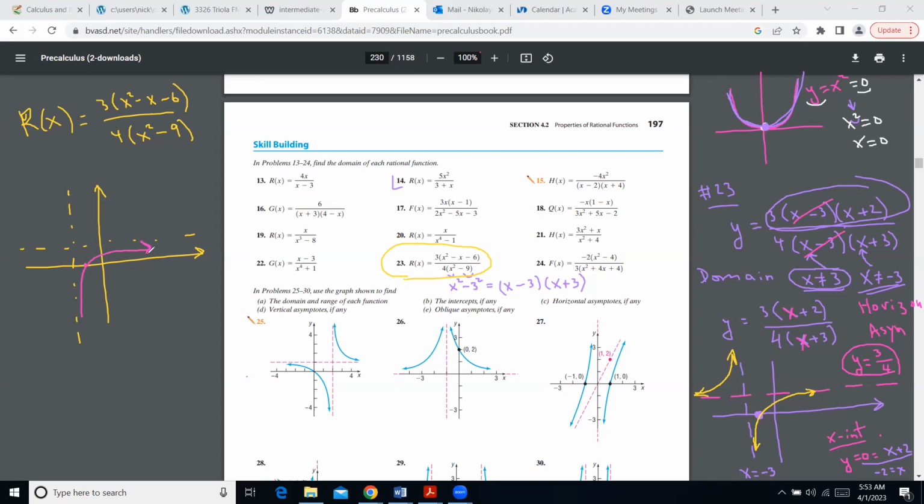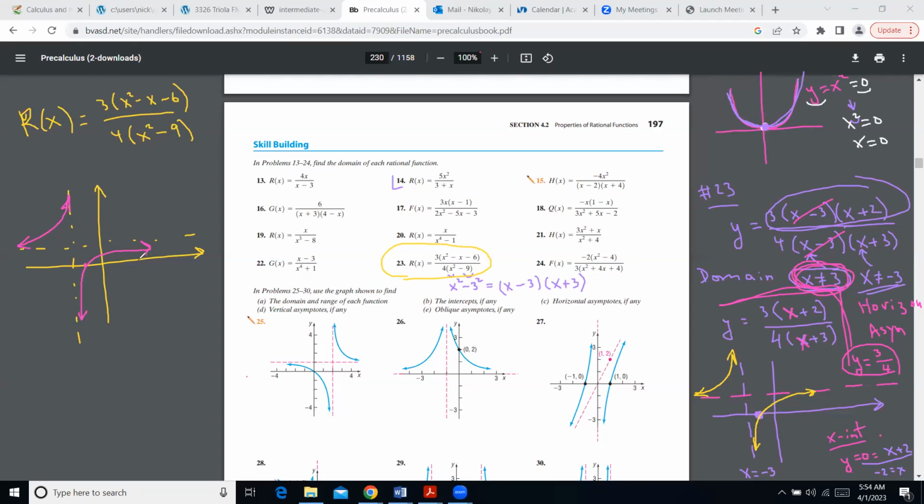So if you think that this is a graph of the original function r of x, the answer is not really, because what I just graphed is this little one, right? And what that little simplified equation misses is the fact that x is not equal to 3.